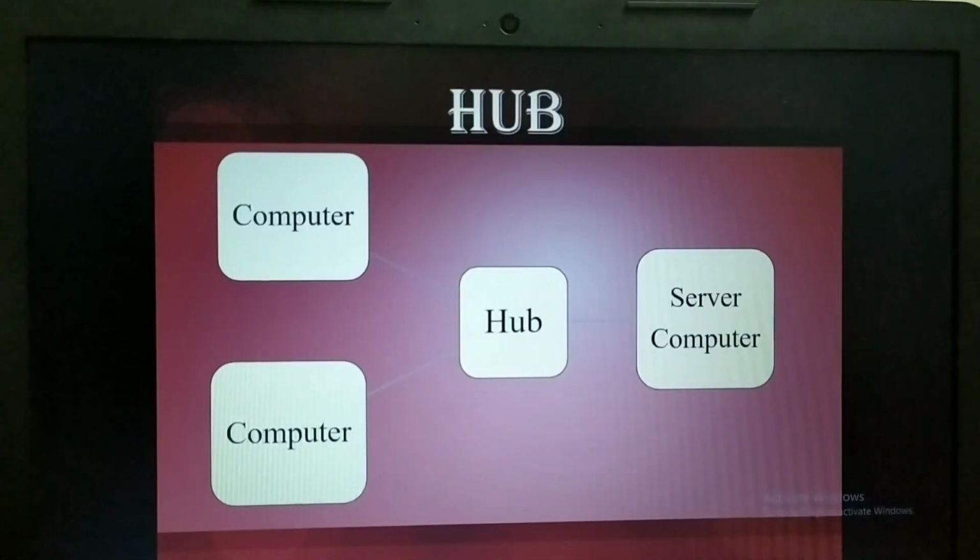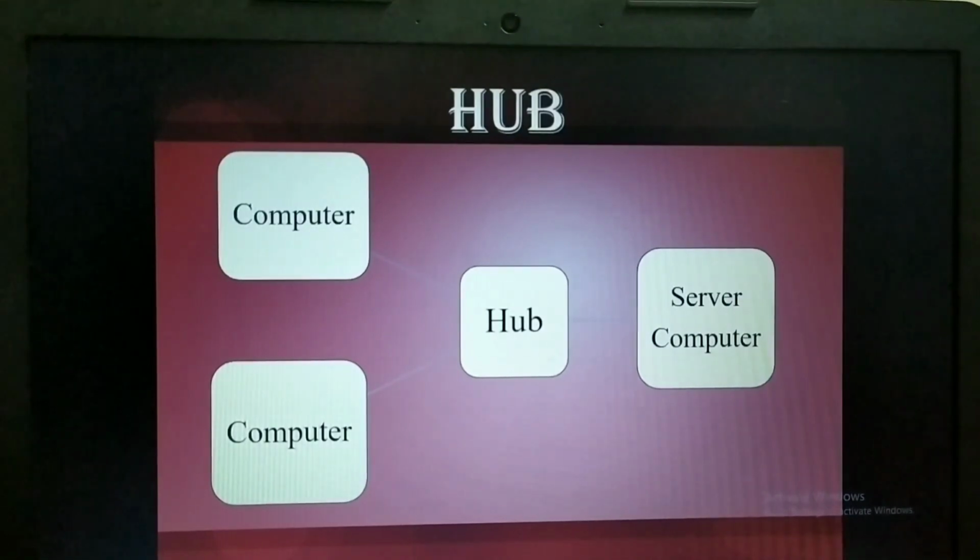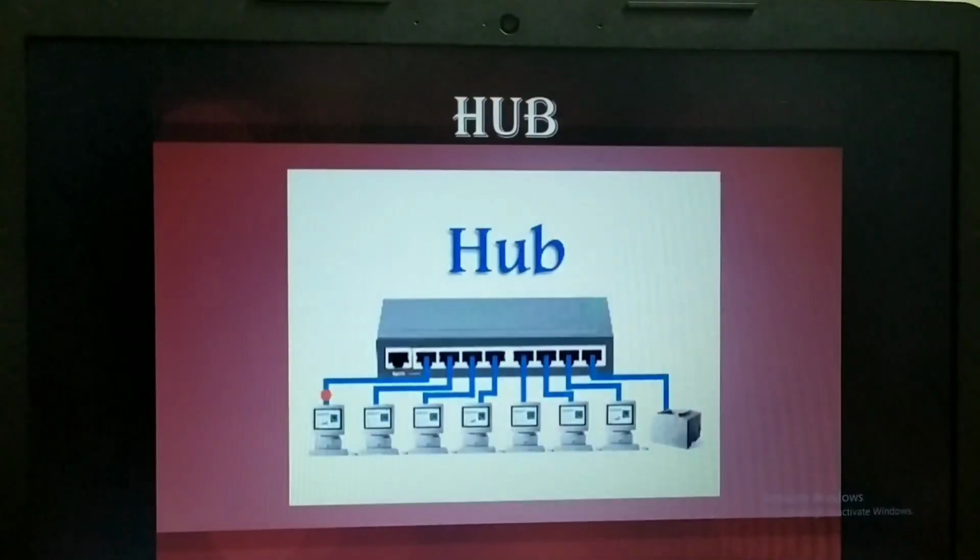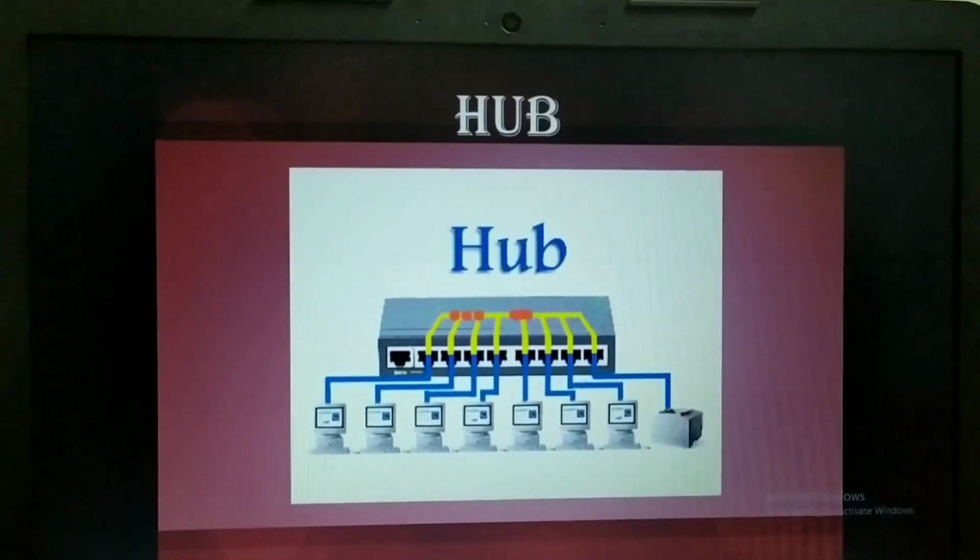That means hub is giving you the opportunity to connect one device to another device, an ICT device. It can be a computer, it can be a printer, it can be a scanner, it can be a fax machine also. So with all sorts of these devices, hub is creating one network.